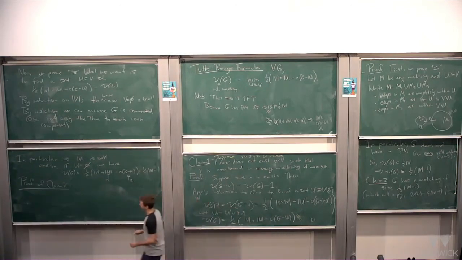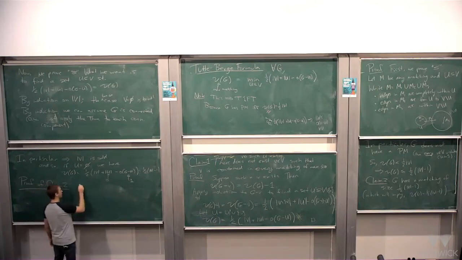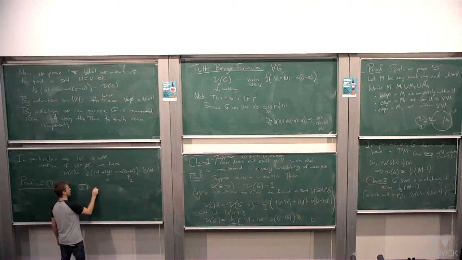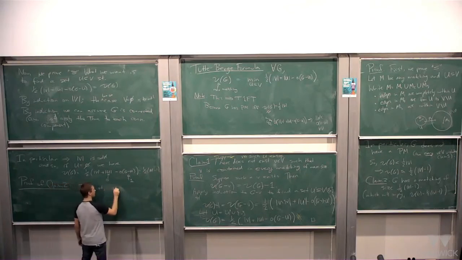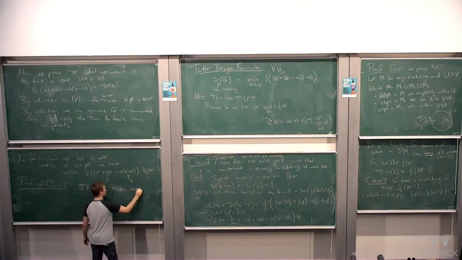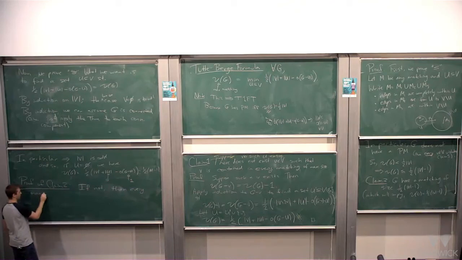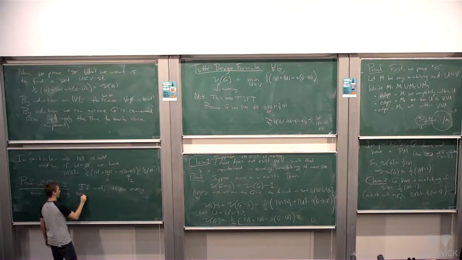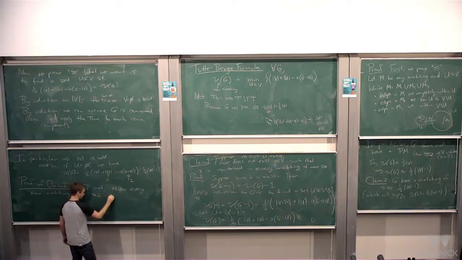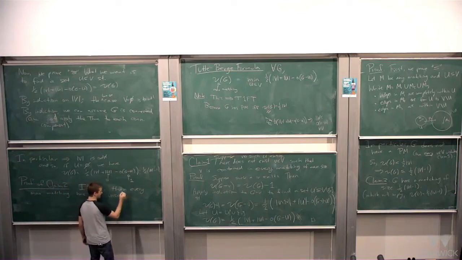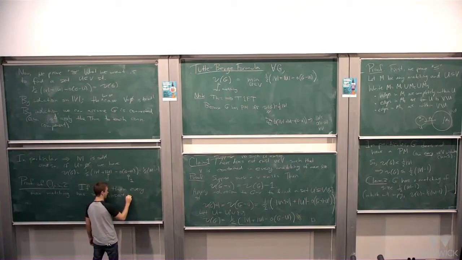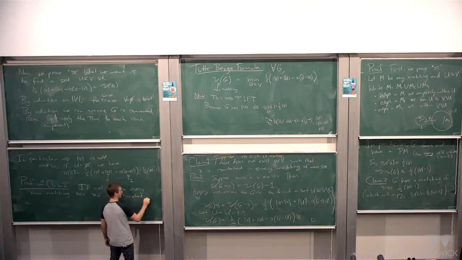Okay, so let me prove claim 2. So if not, then every maximum matching has at least 2 vertices that it doesn't saturate, so unsaturated vertices.